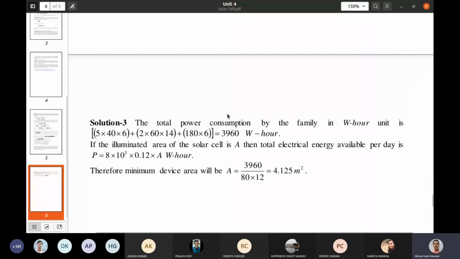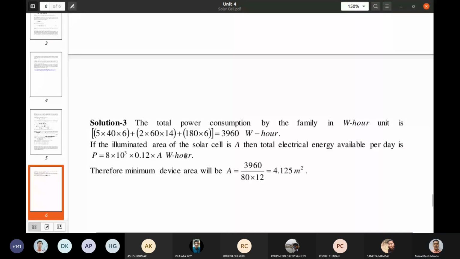So total power consumption by this family is 3960 watt hour. And the conversion efficiency is 12%, and incident power is 8 into 10 to the power 3 multiplied by conversion efficiency, that is watt hour, multiplied by area A, watt hour.